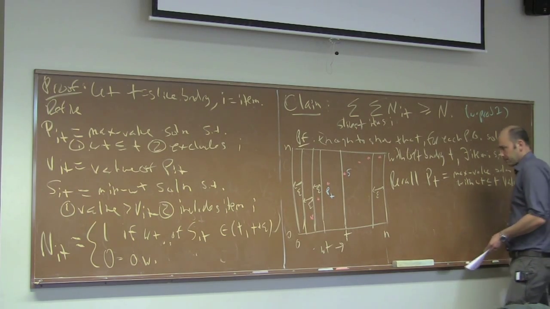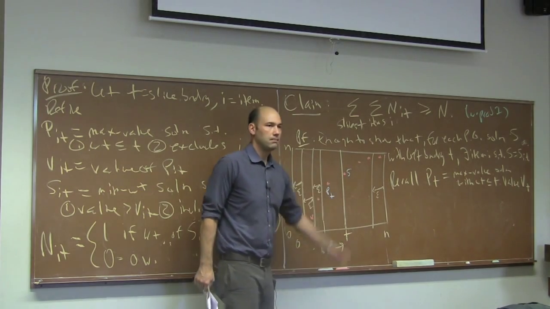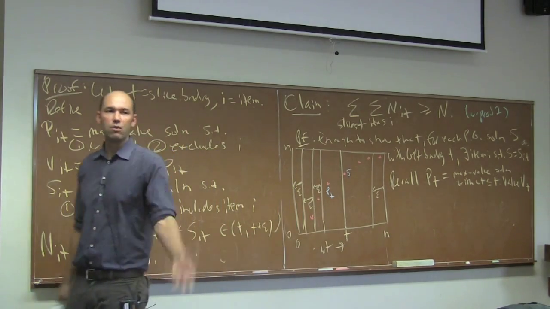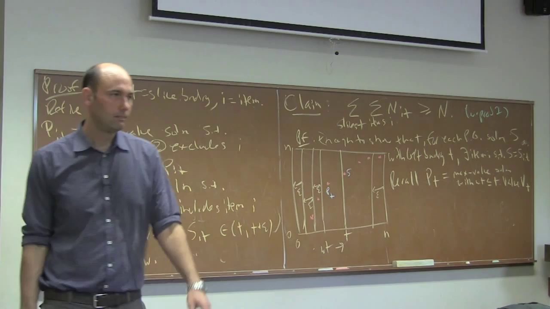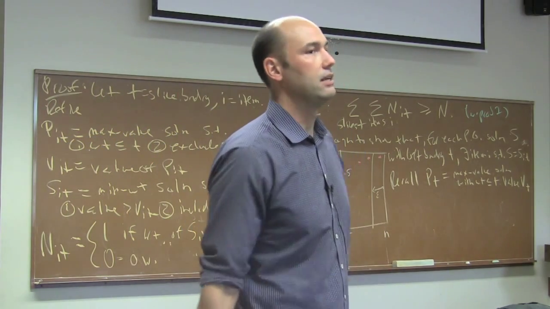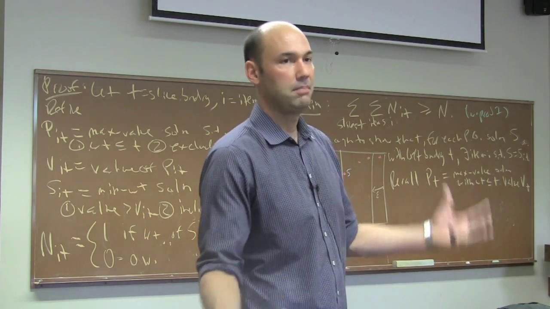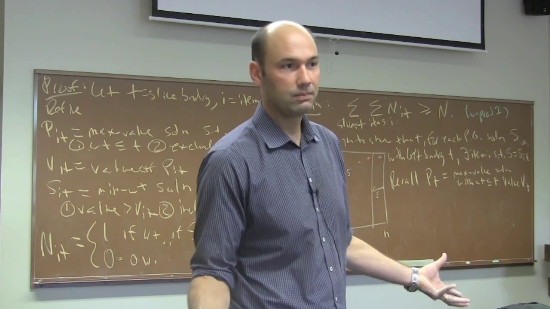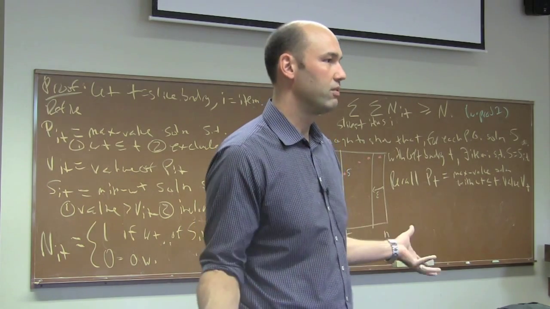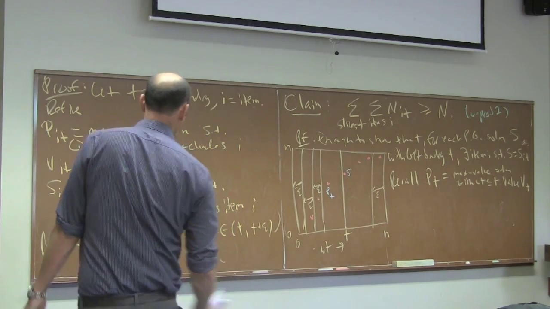Now, S, because it's Pareto optimal, and because it has higher weight than P_t, has strictly more value than P_t. Therefore, there's got to be at least one item which is in S, but not in P_t. There's got to be some item which is the reason it has more value. It's not some subset of P_t.